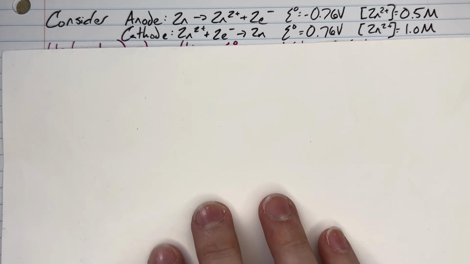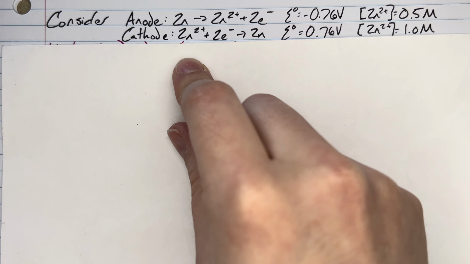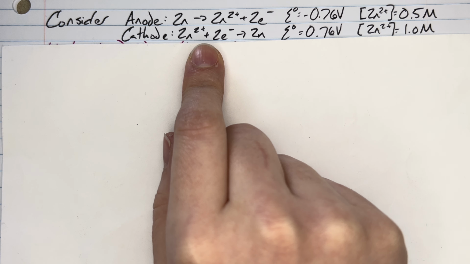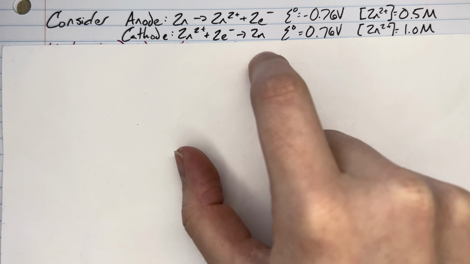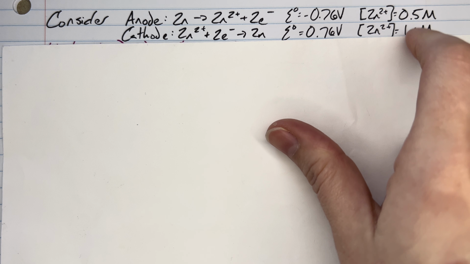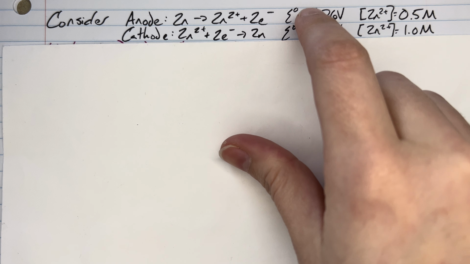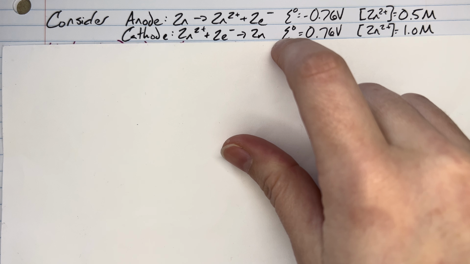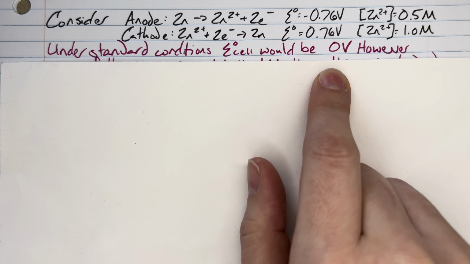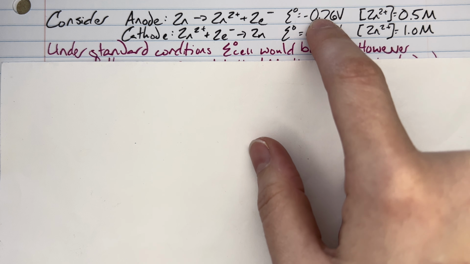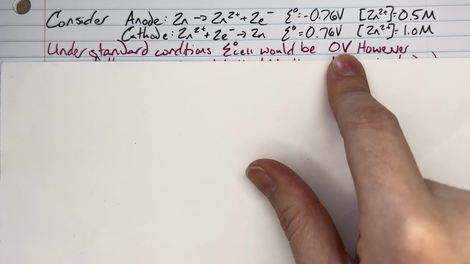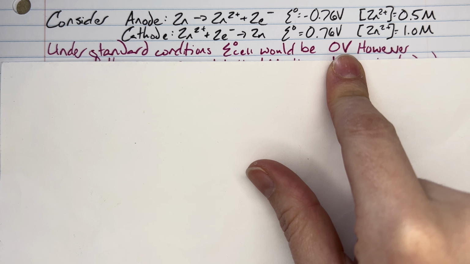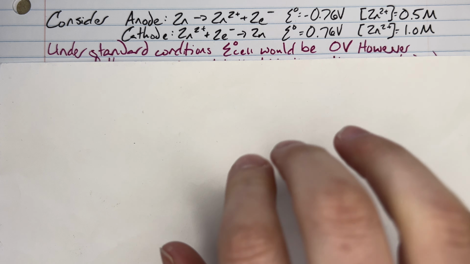So just as I was saying, if we were to consider having the anode and cathode be of the same substance, both zinc on either side, and I have my concentrations be different, even though the E naught, the cell potential in ideal conditions, would be the same magnitude, the same value, we would end up with no electrical potential differential and therefore a 0 volt differential here.